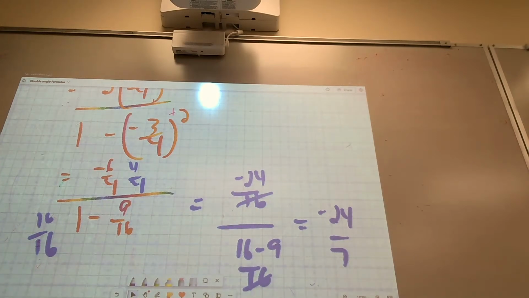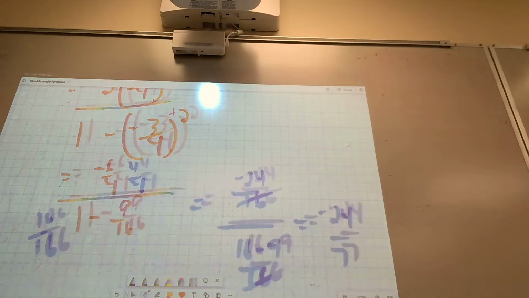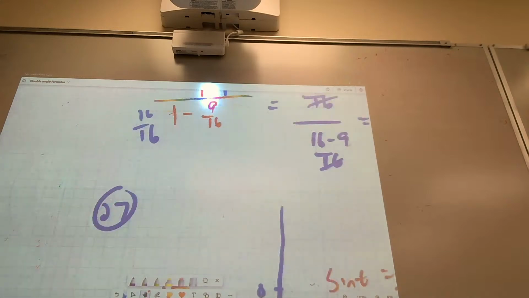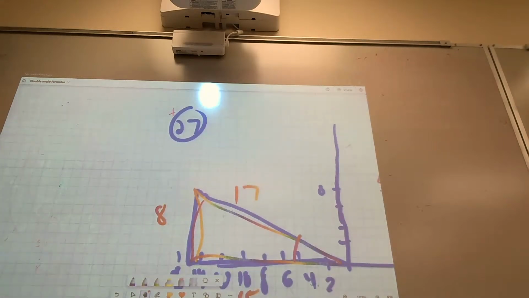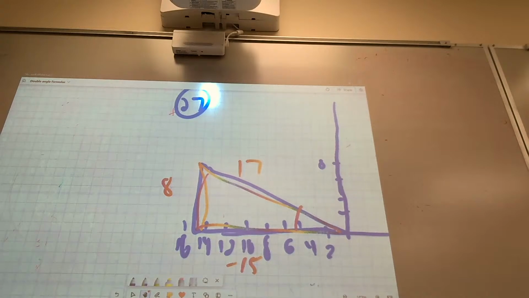In quadrant 2. What's the other side of that triangle? 15. It's an 8, 17, 15. So just like the other one, we have this.